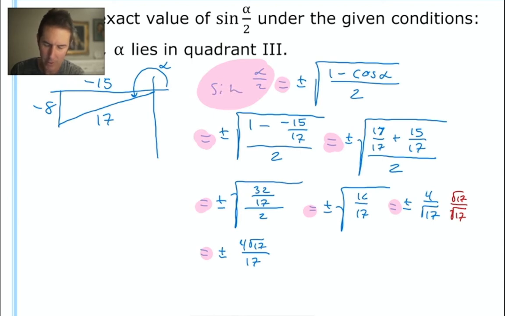We started it here with the sine function. And what are we taking the sine of? Not alpha. We're taking the sine of alpha over 2. Alpha over 2 is our angle measure. Now alpha is in the third quadrant. So where's alpha over 2? I don't know. What might alpha even be?